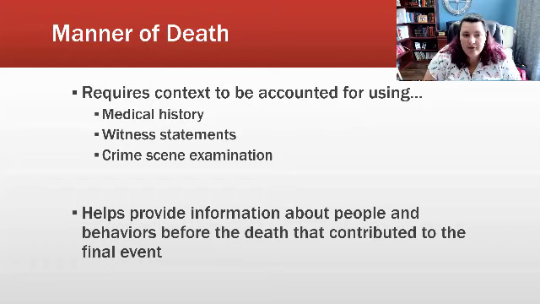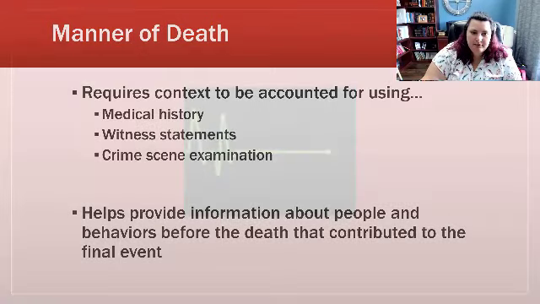These data sources help provide the forensic pathologist with information about the people and the behaviors that contributed to the final death event. For example, if the cause of death was listed as chemical trauma due to exposure to cyanide, it would be important to identify whether the person imbibed the poison on purpose, making the death a suicide, or if someone else poisoned them, making the death a homicide.